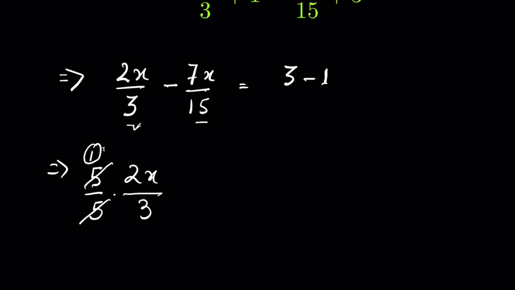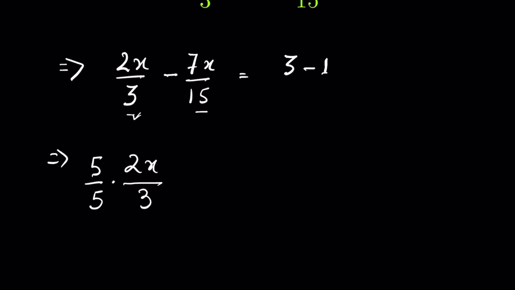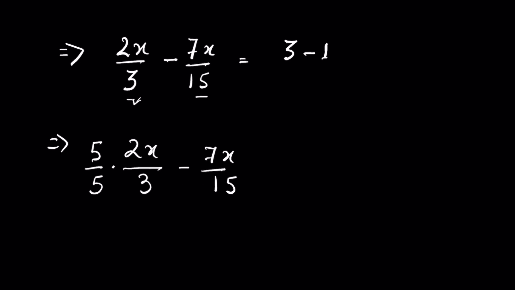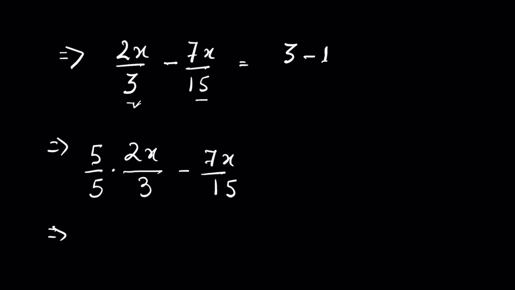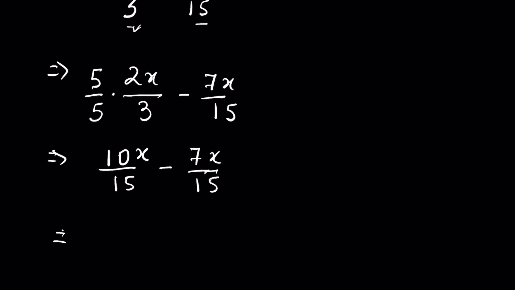So if we multiply and divide it by the same number, it will be an equivalent fraction equal to 2x upon 3 minus 7x upon 15. Now 5 times 2 is 10x and 5 times 3 is 15, minus 7x upon 15. Now they have a common denominator, so we can simply subtract.